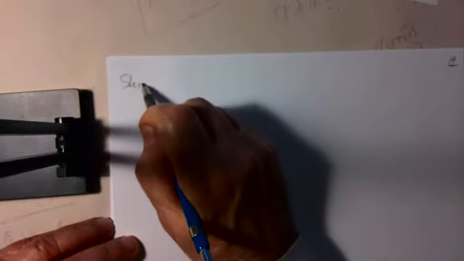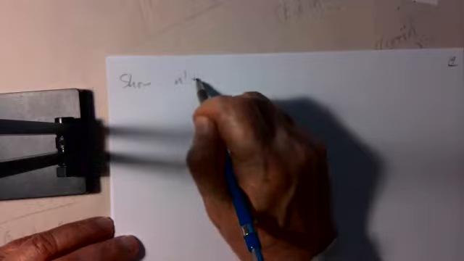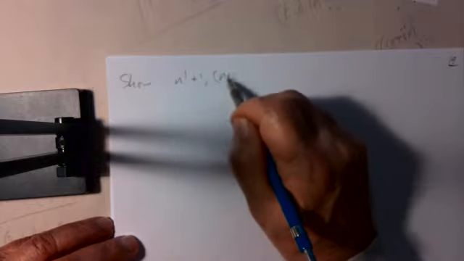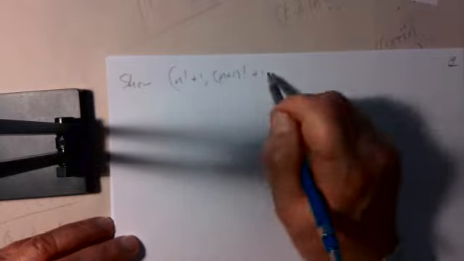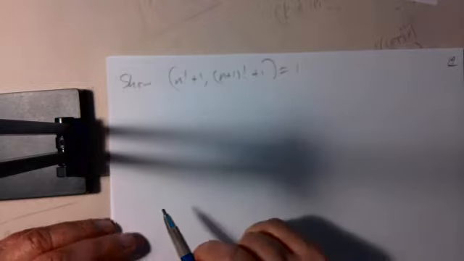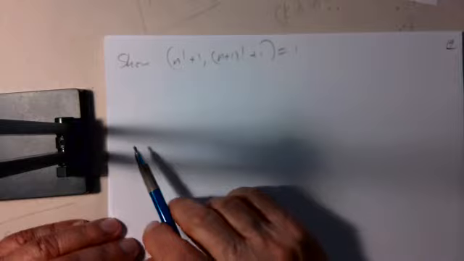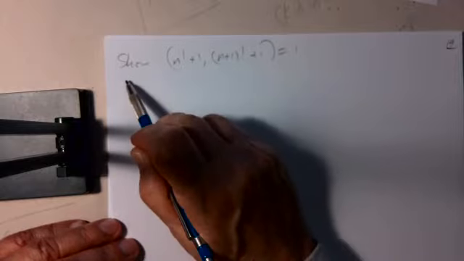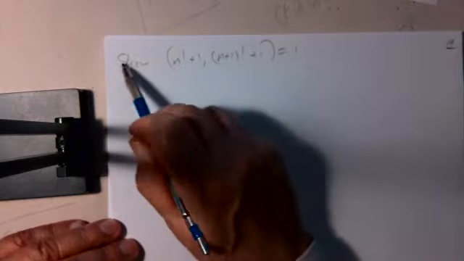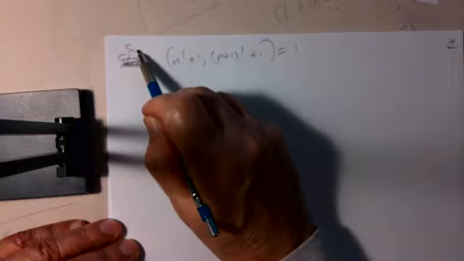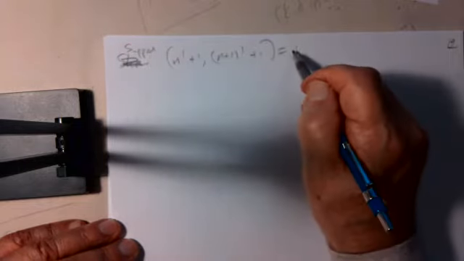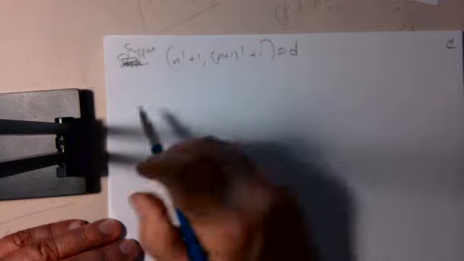So we want to show that n! plus 1 and (n+1)! plus 1, the greatest common divisor is 1. Okay, that's what we want to prove. So suppose the greatest common divisor is d.